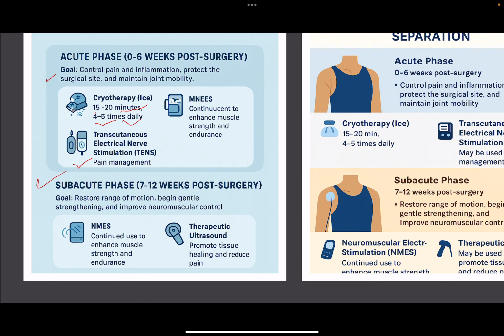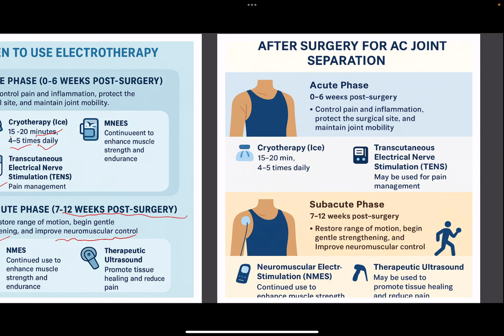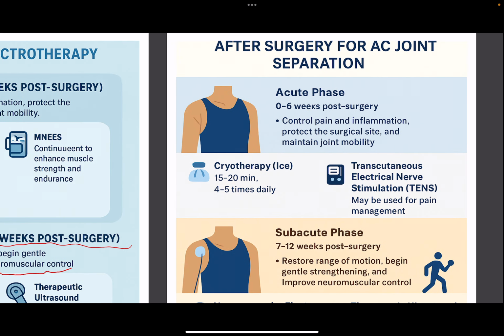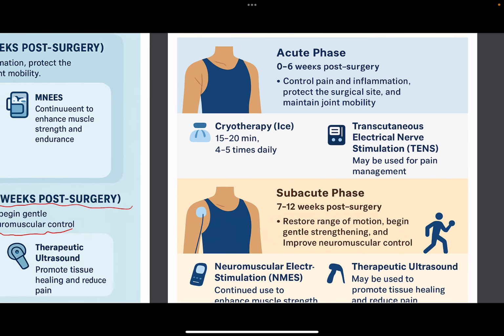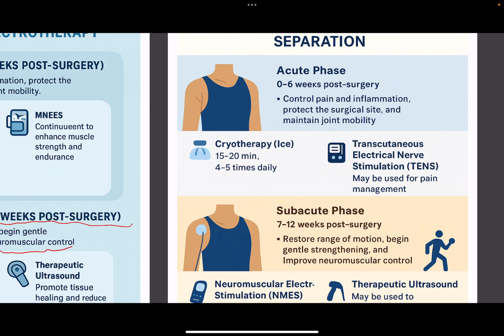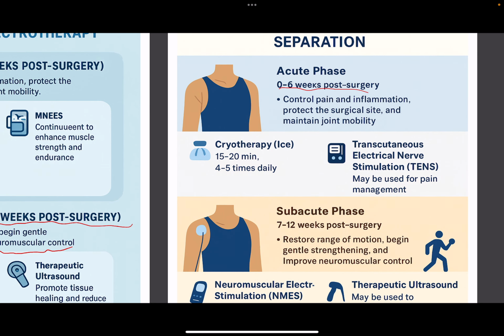In subacute phase between 7 to 12 weeks post-surgery, our goal will be restore range of motion, begin gentle strength, and improve neuromuscular control. After surgery for AC joint separation, acute phase 0 to 6 weeks post-surgery, control pain and inflammation, protect surgical site, and maintain joint mobility.